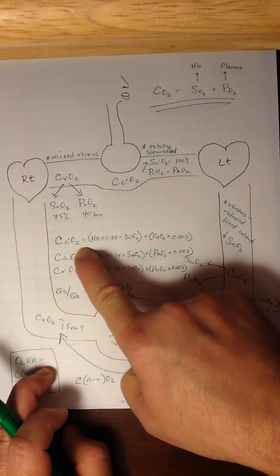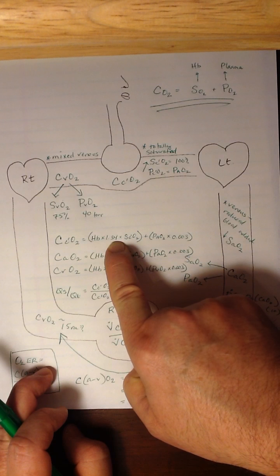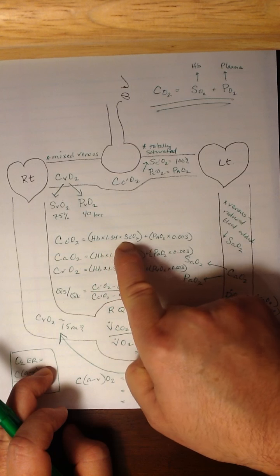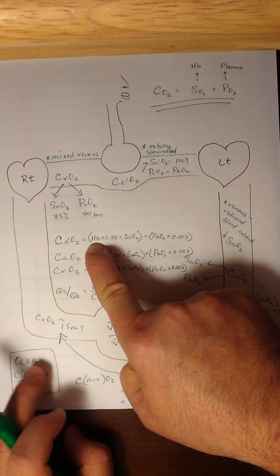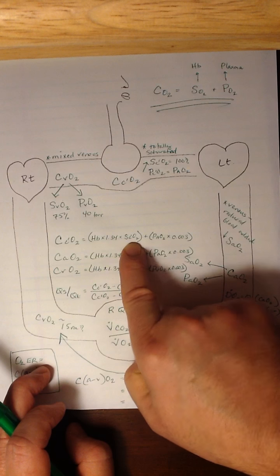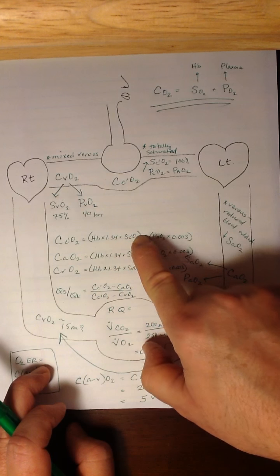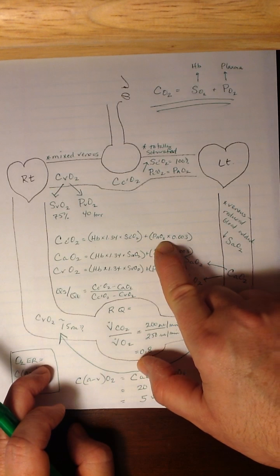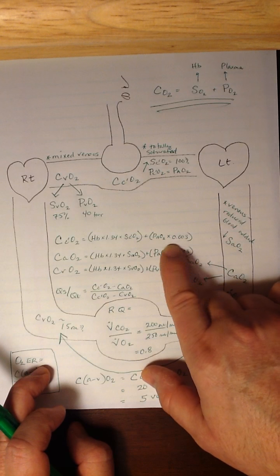So if I take the hemoglobin, 1.34, and then the saturation, this is looking at the total amount of oxygen that's riding on that red blood cell in the hemoglobin molecule. Again, that's not all of the oxygen.